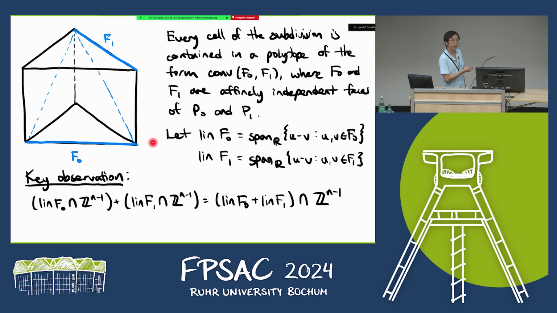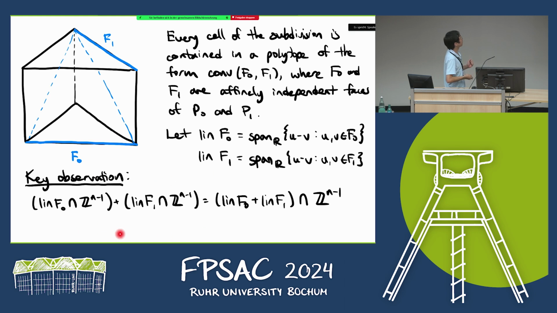Then when you add in epsilon times f0, f1, you further refine this subdivision. The key observation is that if you take f0 and f1 and look at the following vector spaces, you take the span of all differences of vectors contained inside of this face.